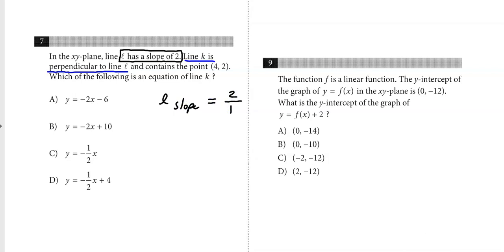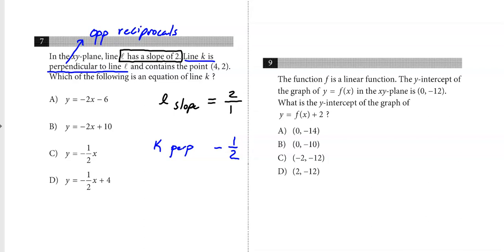If K is going to be perpendicular, my slope needs to be opposite, meaning if the other one's positive, I got to be negative, and I got to be the reciprocal. I got to flip it. So you want to do two things to your slope. Perpendicular lines are always going to be opposite reciprocals, or change the sign and flip the fraction. So I need a slope of negative 1/2.